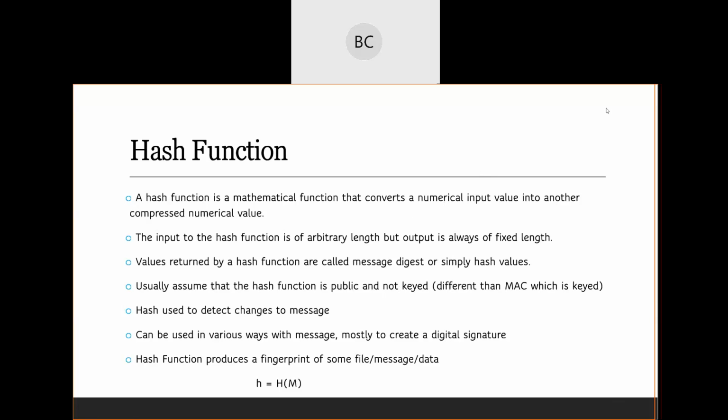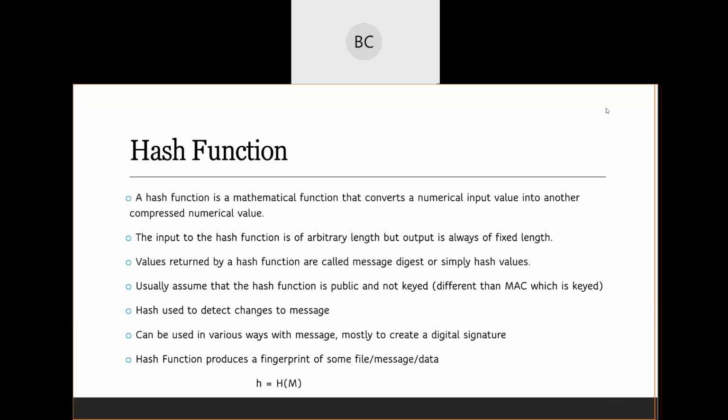But the main advantage of a hash function is that whatever the input, the output will be a compressed version. The input of a hash function can be of any arbitrary length and the output is always a fixed length. The values returned by a hash function are also known as message digest or simply hash value.